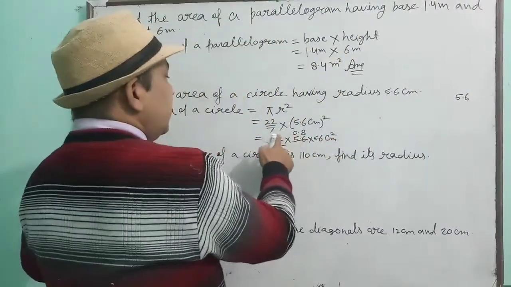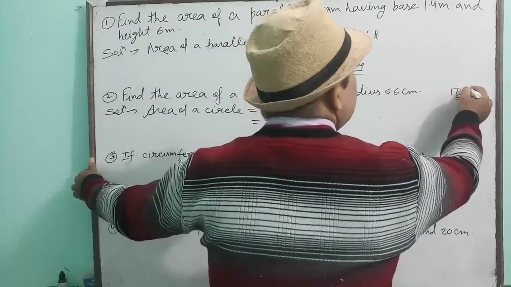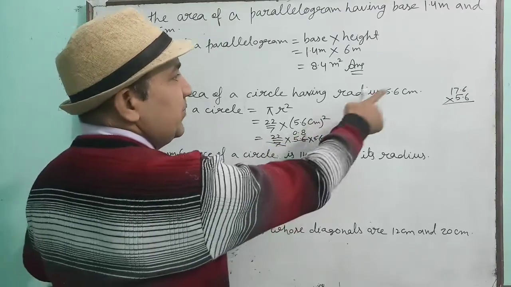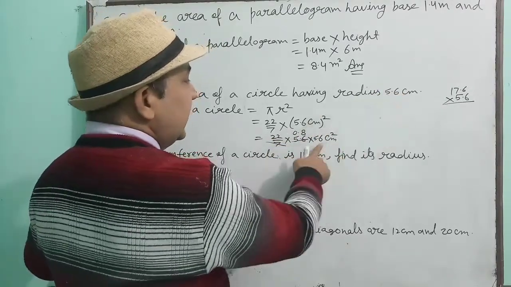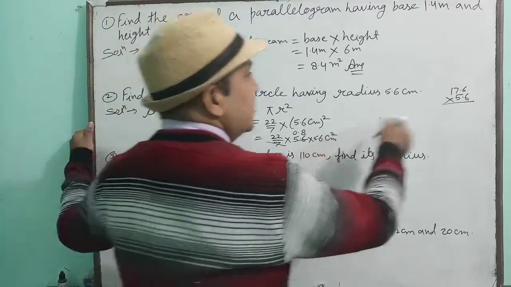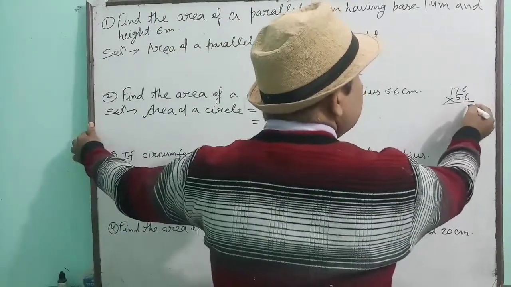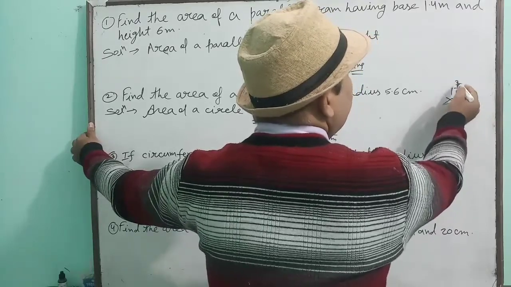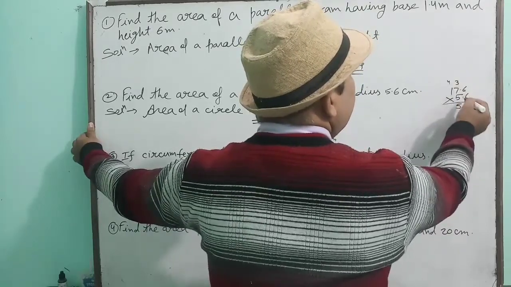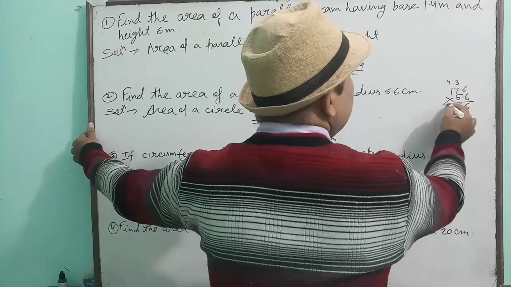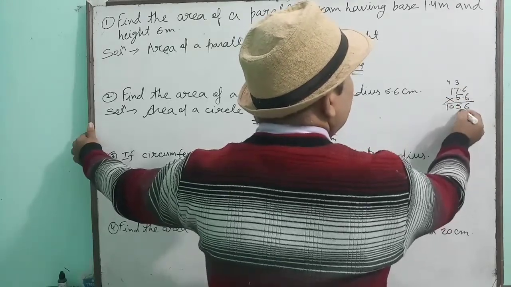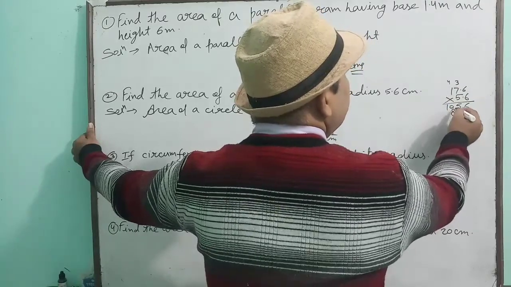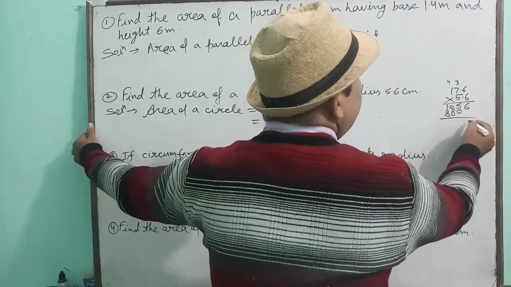22 into 0.8 will become 17.6, and that is multiplied by 5.6. So see what you are getting. 6 into 6 is 36, 3 carry on. 6 into 7 is 42 plus 3 is 45, 4 carry on. 6 into 1 is 6 plus 4 is 10. 5 into 6 is 30, 3 carry on. 5 into 7 is 35, plus 3 is 38, 3 carry on. 5 into 1 is 5 plus 3 is 8.